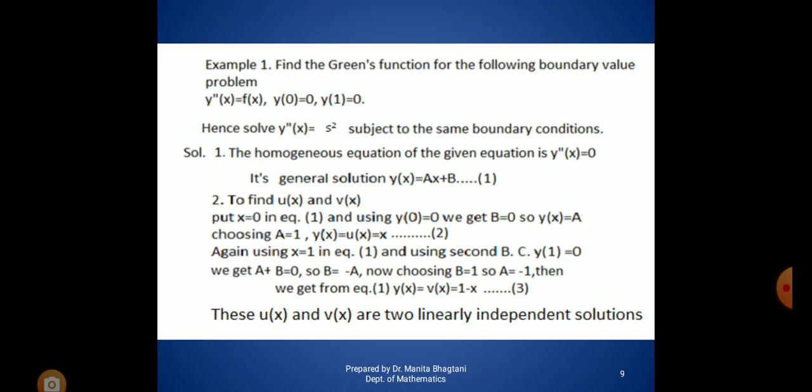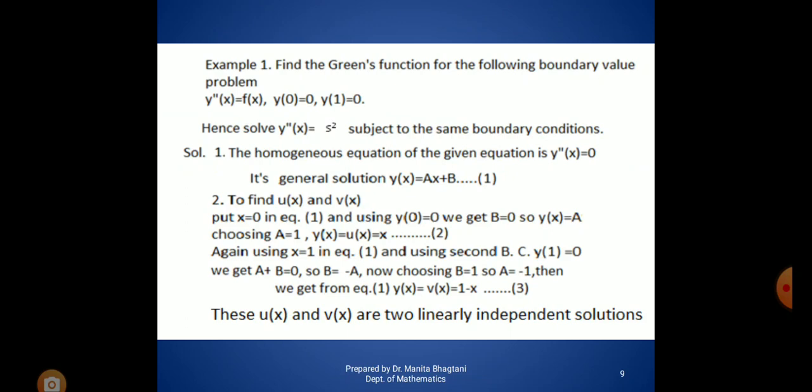See the solution. First, we convert the given equation into a homogeneous equation by putting f(x) equals 0. The homogeneous equation becomes y''(x) equals 0, and after integrating 2 times, we know that its general solution is y(x) equals ax plus b.